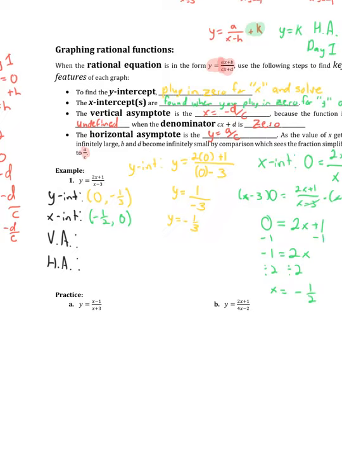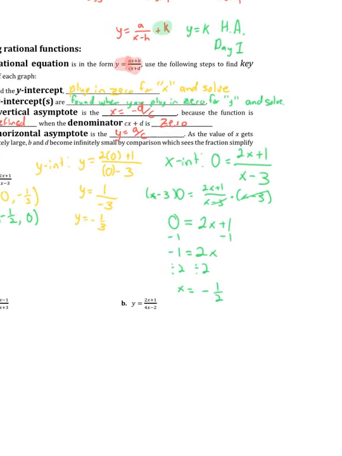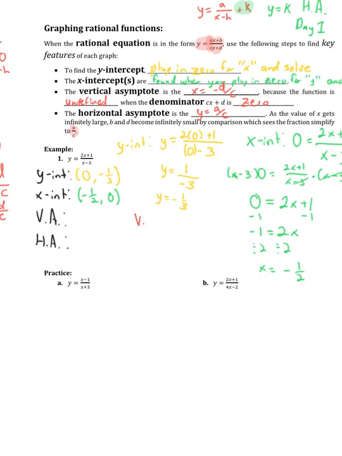All right, vertical asymptote. Let's do that down here. For the vertical asymptote, I'm going to take my denominator, x minus 3, and set it equal to 0. Add 3 to both sides, I get x equals 3. There's my vertical asymptote.